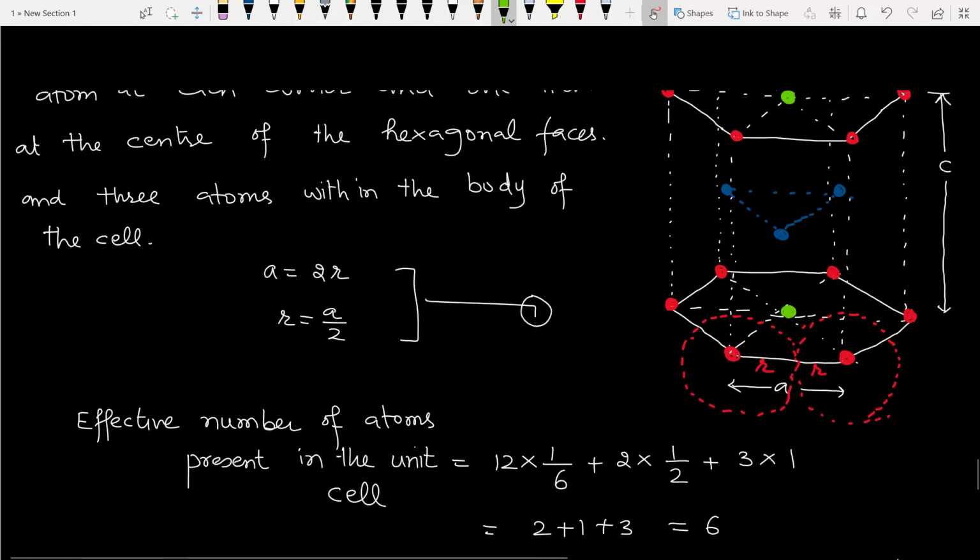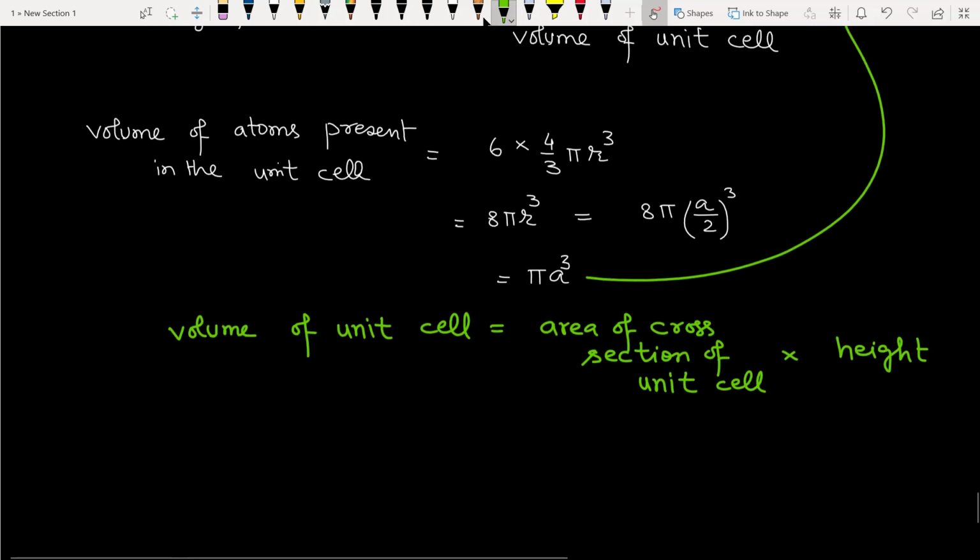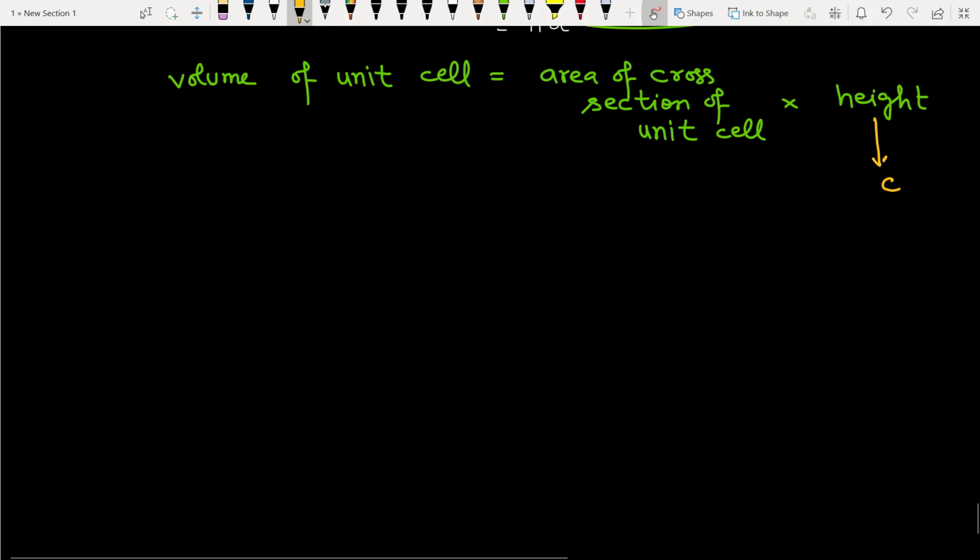So height of the unit cell is C. So our aim now is to find the area of cross section of the unit cell.